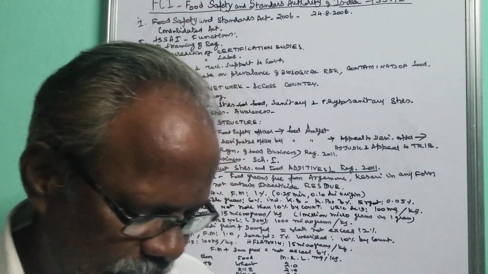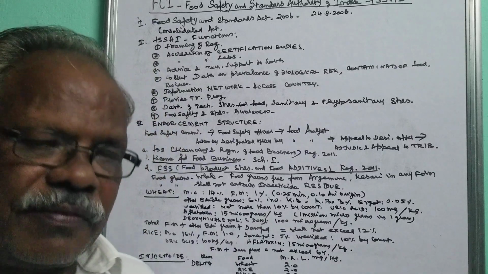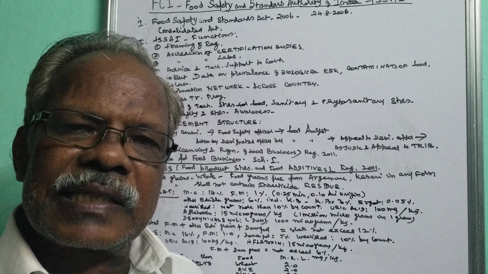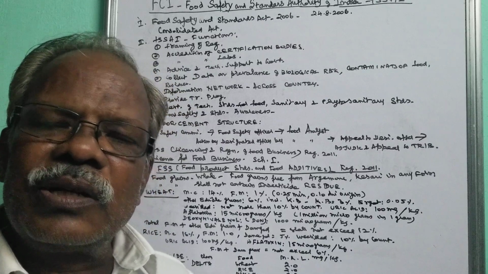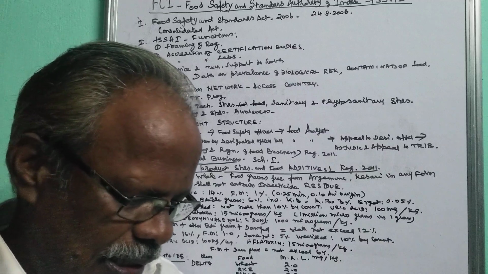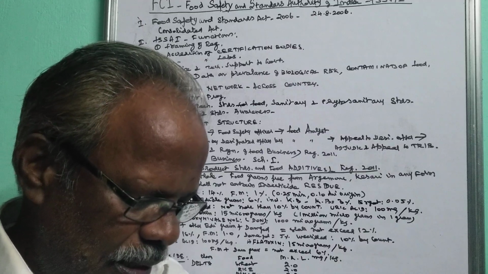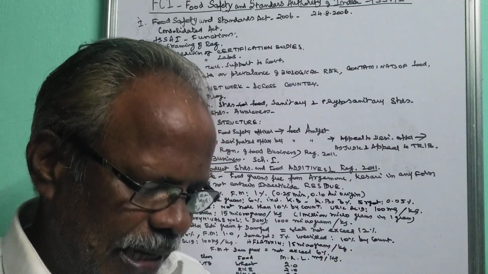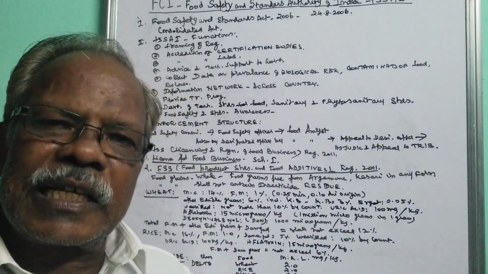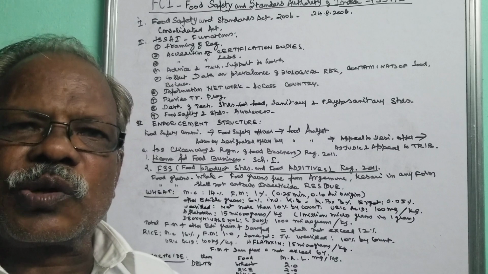Now we will see what the Food Safety and Standards Act 2006 is. It came into existence on 24th August 2006, the President's assent was obtained, and subsequently it was published in the Gazette.